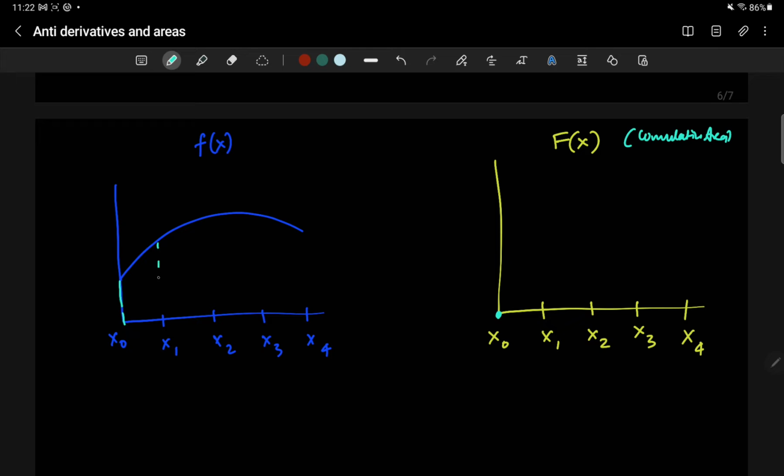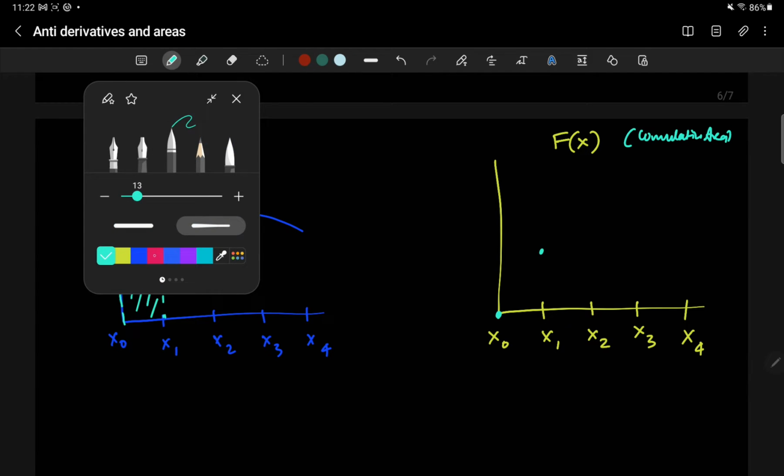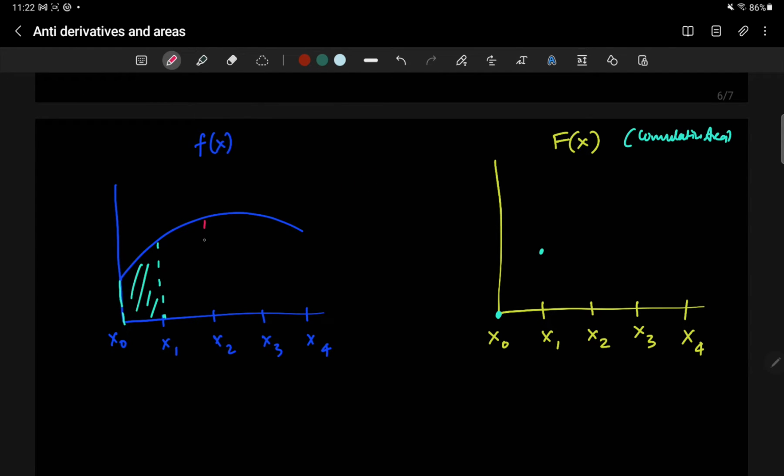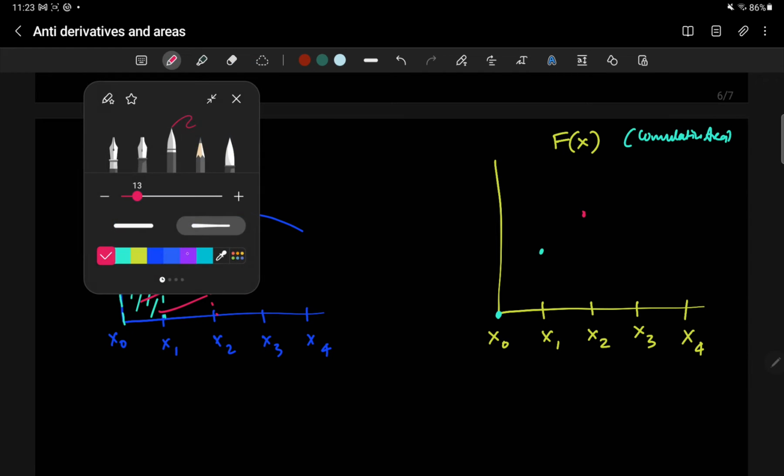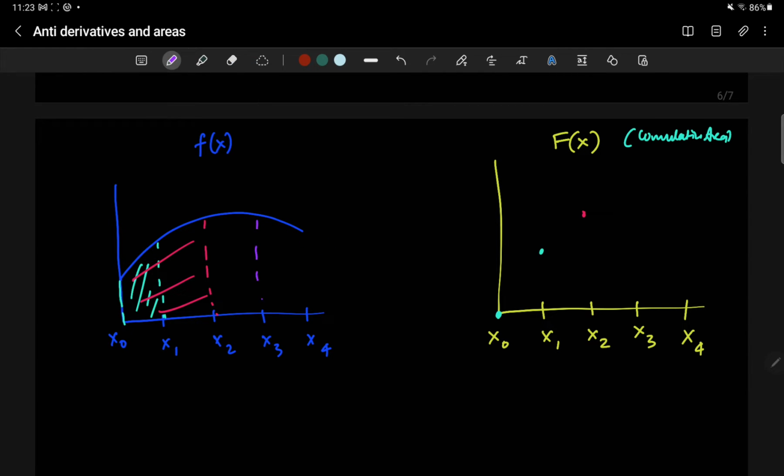At x1, what is the area? That's this part. So whatever that value is, that's going to be the value at x1. At x2, it's this cumulative area, so it's this whole, which means it is always increasing, so it's something larger. When you go to x3, now it's all of this area.